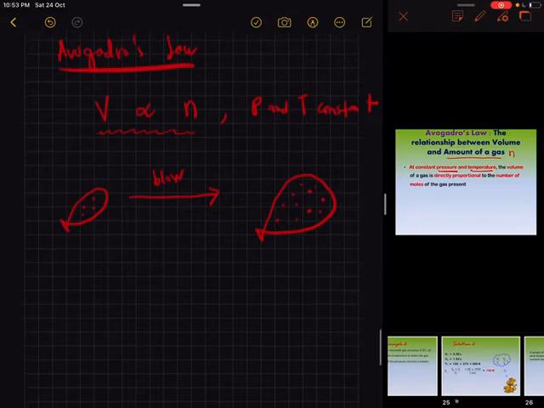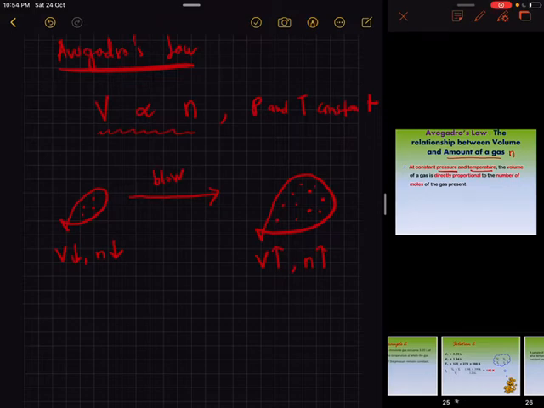So now when you blow the balloon, what will happen? N will increase. What is N? Number of mole of gas. Because when you blow gas into the balloon, of course the number of moles, the number of particles inside will increase. So when N increases, you will see V also increases. So when V increases, N will increase. Compared with the original small size, at a small size we only have a limited number of moles of particles inside.